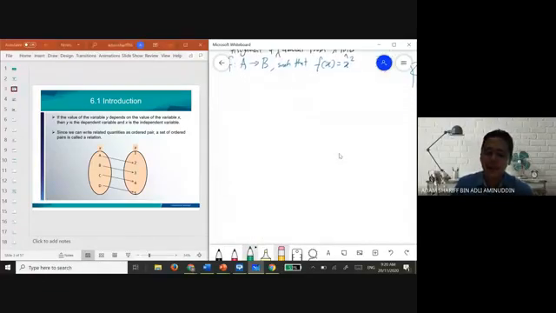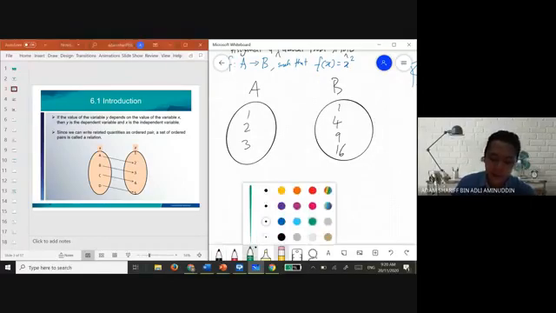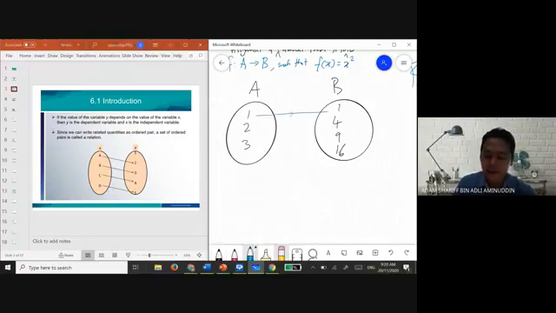An example that is not a function. If I try to assign A and B, suppose we use the same domain and codomain. I try to assign like this. 1 to 1, and at the same time, 1 is also assigned to 16. 2 I assign to 4, 3 I assign to 9 too.